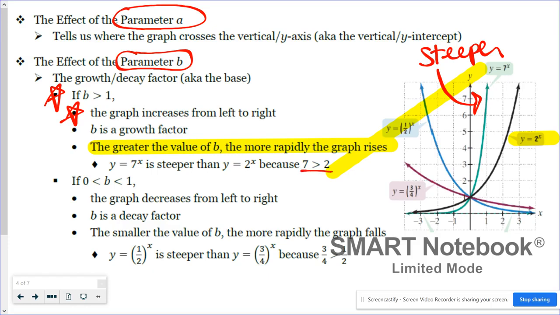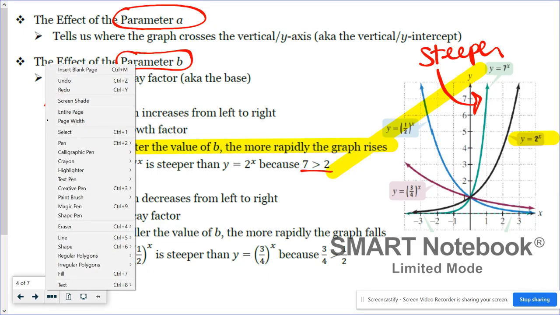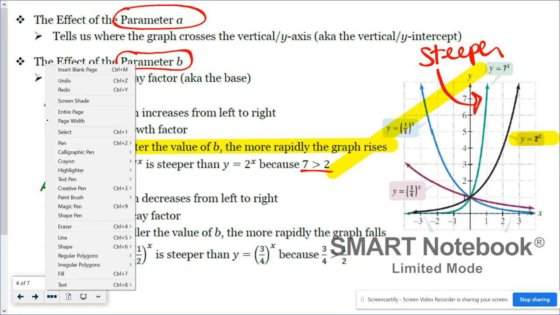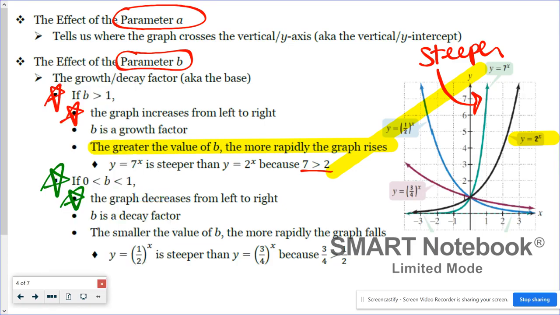Now, when it comes to exponential decay, those have a base in between 0 and 1, and these graphs decrease from left to right. When it comes to steepness, the opposite is true. There are two exponential decay functions here: y equals 1/2 to the x power and y equals 3/4 to the x power.